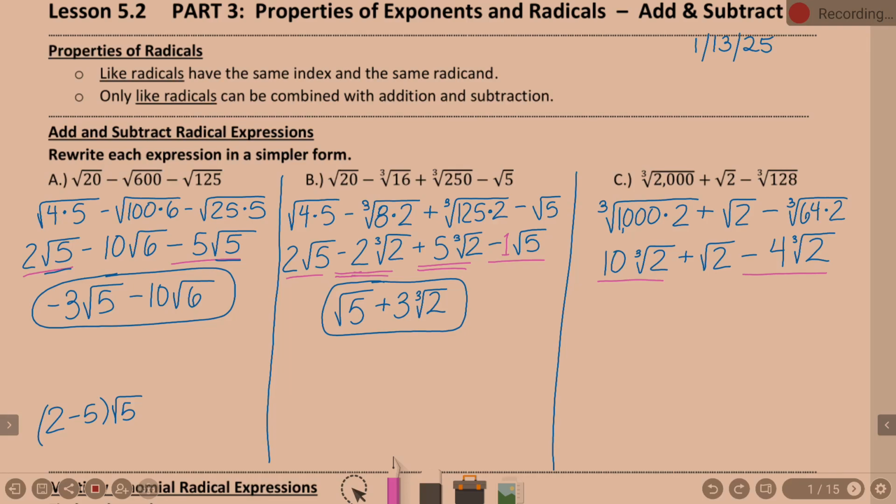What's 10 of something minus 4 of something? 6 of something. And my something here is cube root of 2. So 6 cube root of 2. And then what? Plus square root of 2. He's the only square root in the problem. Nobody else goes with him, but you can't leave him off. So 6 cube root of 2 plus square root of 2.